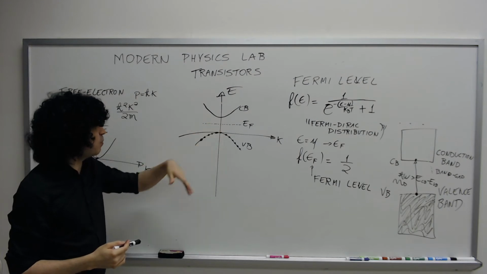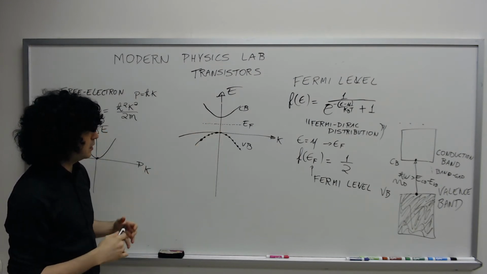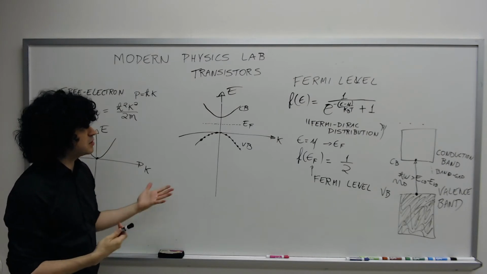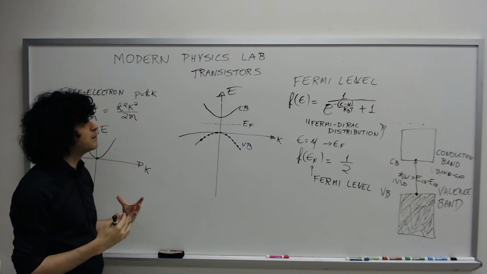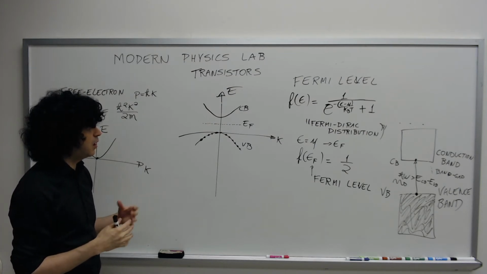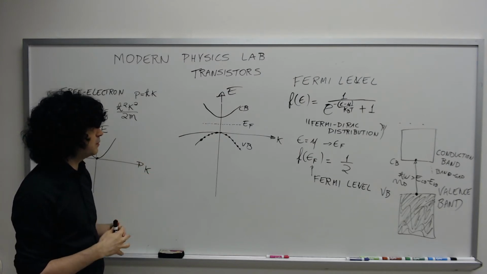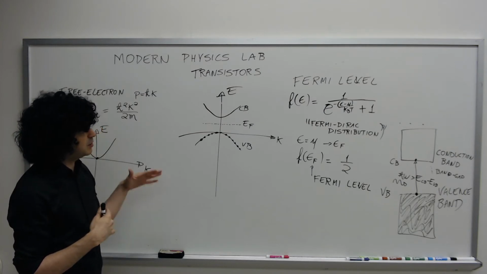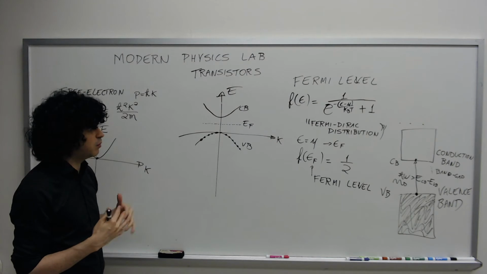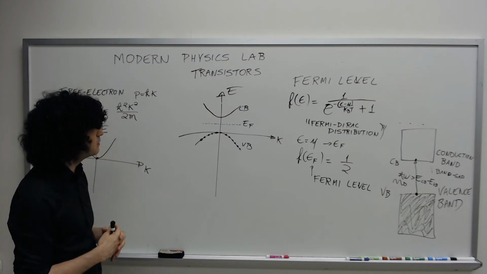The electron cannot occupy that level, it just arises from the Fermi-Dirac distribution. This is an important concept in semiconductors, because this Fermi level can be shifted, and we will deal with this later when we talk about devices.